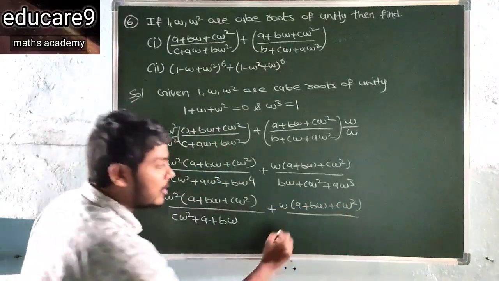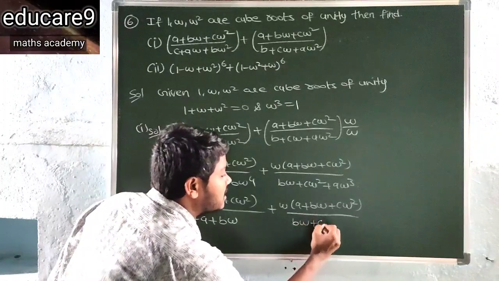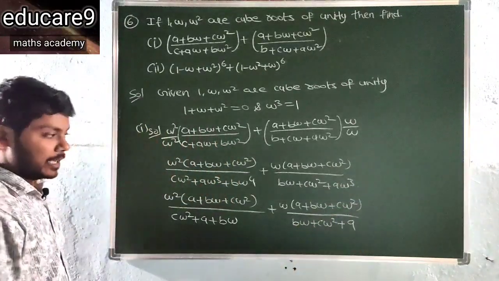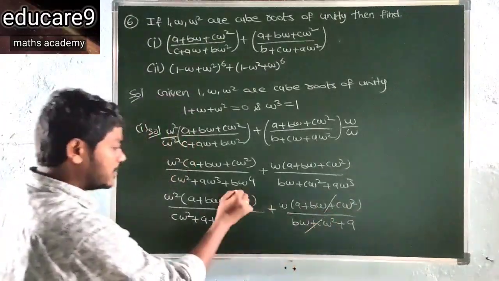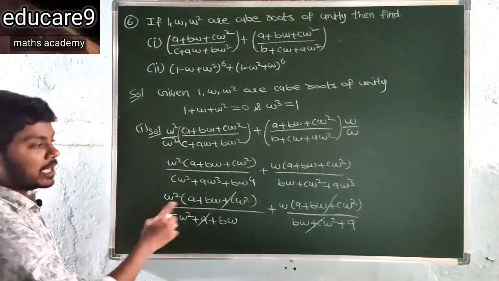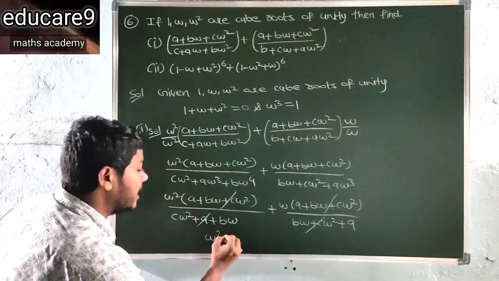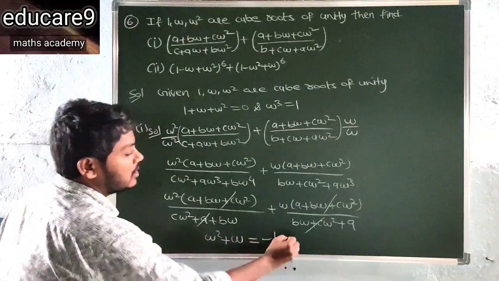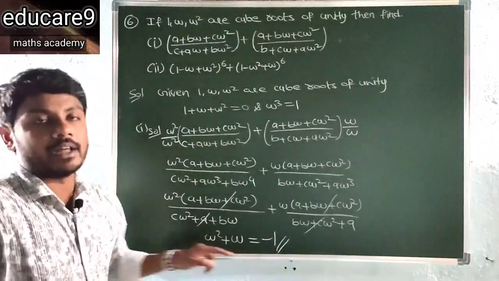So here also b omega plus c omega square, omega cube value is 1. So we will get the same. So clearly these two terms get cancelled. So omega square plus omega, what you get, that is minus 1. So this is the required answer.